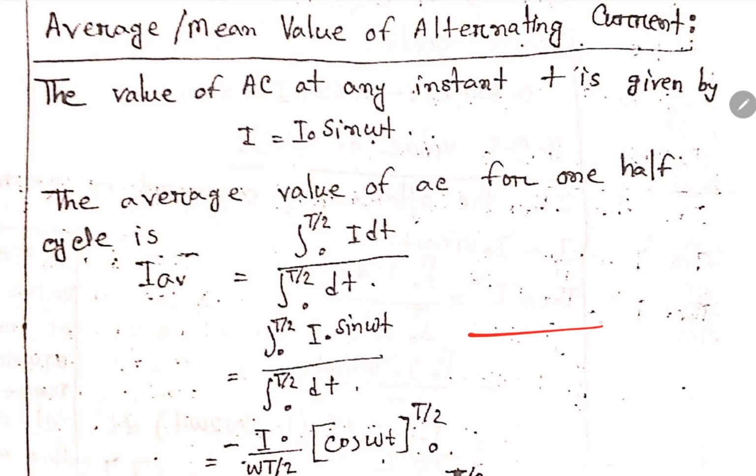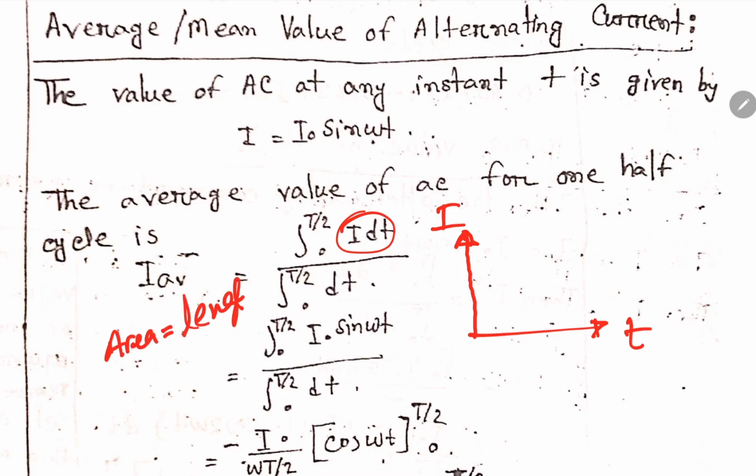So you have this variable t on the x-axis and this variable I on the y-axis. When you take the integration, you multiply x with y, because you know that the area of a rectangle is length times breadth, right? So let's say my length is I, and my breadth is this small value of dt.